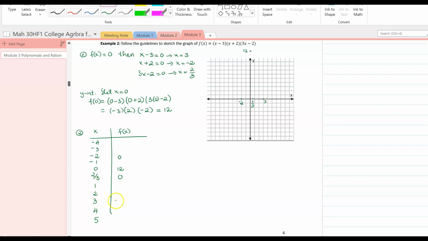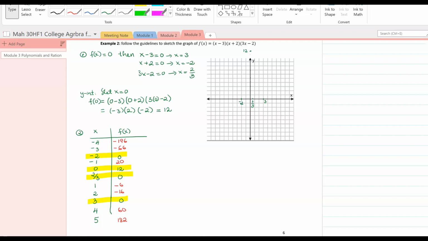And again, when x equals 3, we get 0. So we divide this table into this many pieces. These are the pieces that we already know. So let's calculate all these values of f of x. So now this is what we got from calculating the values of f of x.